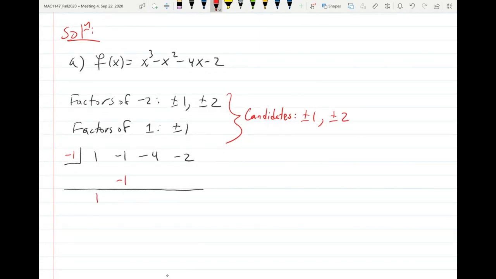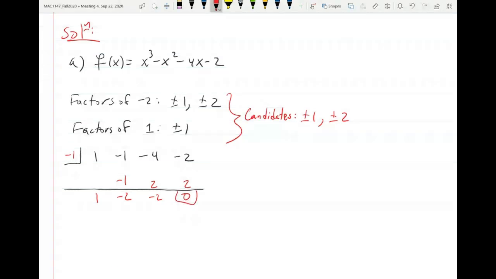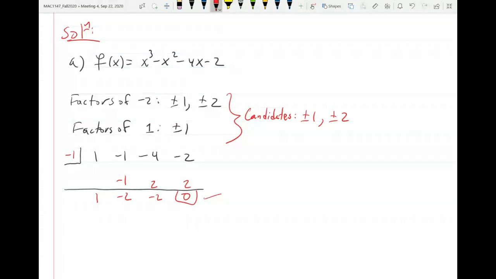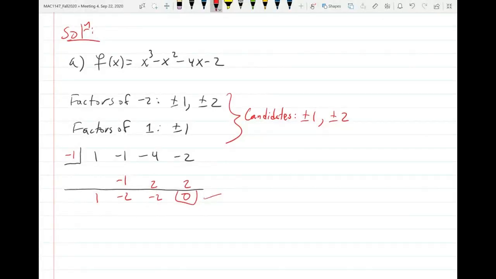Bring the 1 down, -1. We have -2. So that's a 2. Here, what do we got? We have -2. Okay, lucky. So we found 0. That means that -1 was a root. If it was not, I would just erase what I did in red and then try 2 and then -2.